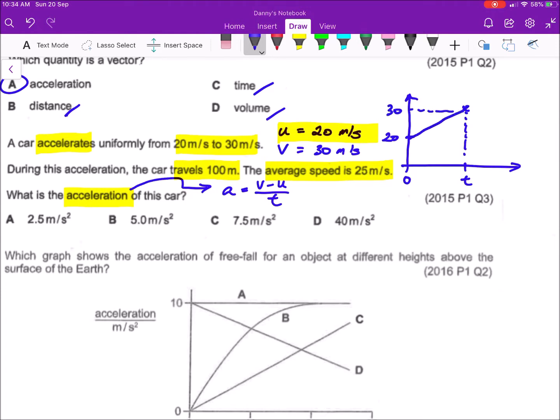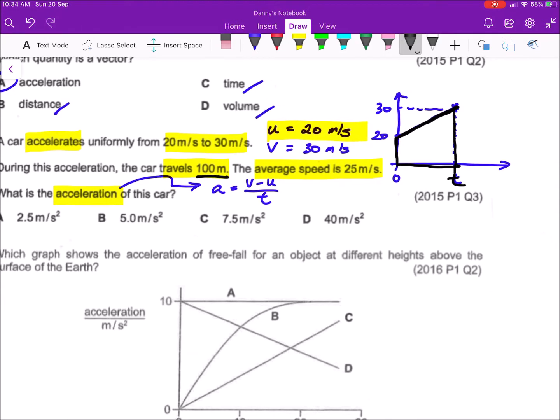So you will end up with a graph that looks like this black line. And you can see that there are some unknowns, like for example, this t over here. But what we know is that during this acceleration, the car actually moved 100. So in order to find this time, we need to know how long it takes to increase my speed from 20 to 30, right?